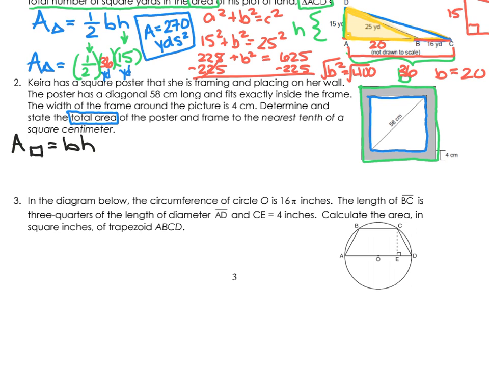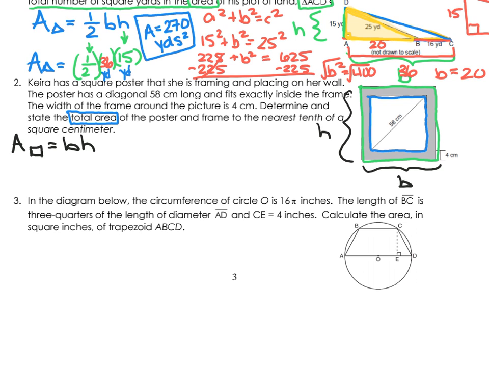Okay, it works for squares and rectangles because squares are rectangles. Okay, but we have a bit of a problem, right? We don't know our base, which would be this, and our height, which would be the same, which would be that. Okay, so as soon as we find one, we'll be fine, right? Because we'll plug in the same number. All right, so we got to figure out how to find this.